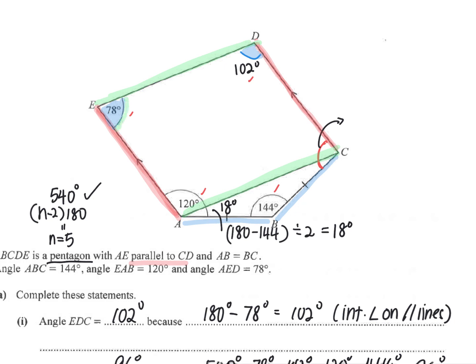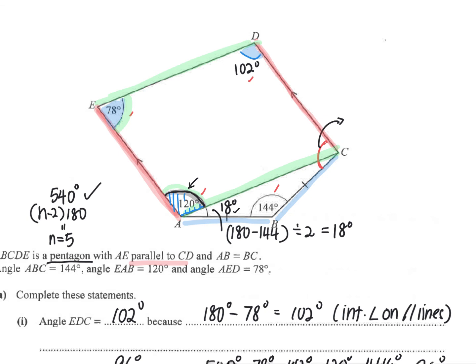The interior angle will be here, 78, and I probably need to find this small portion over here, until the cutoff point. Maybe I need to draw a bit more. The whole angle is 120, but I only want this part of the angle. We already know that this angle is 18, so this part of the angle will be 120 minus 18.